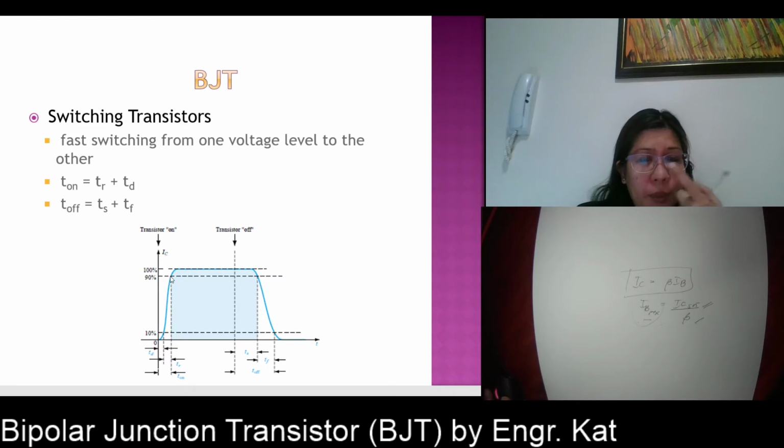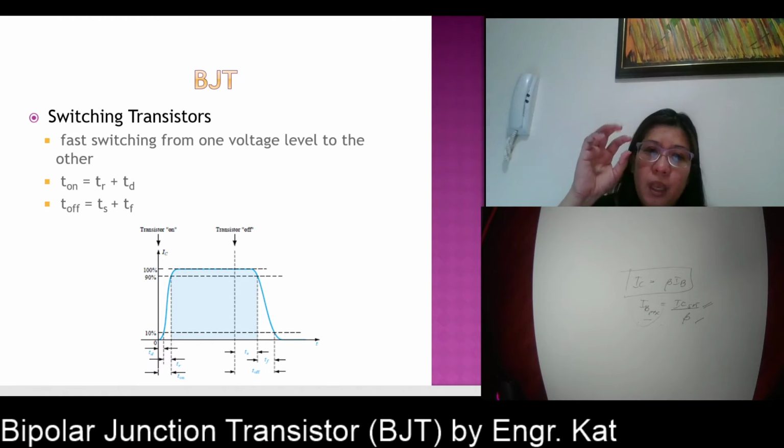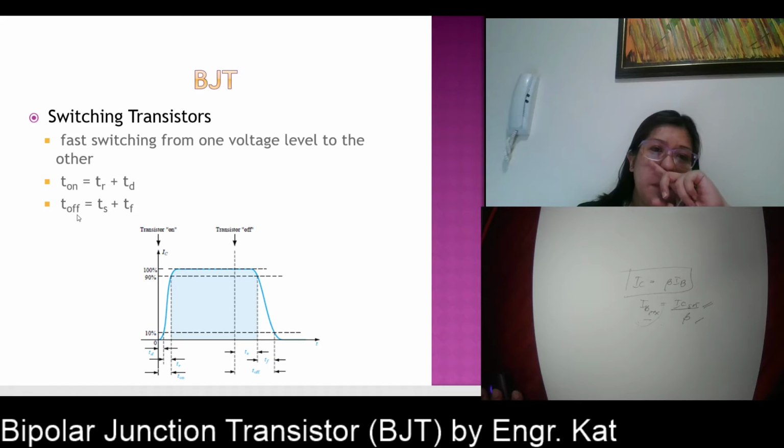TD is the delay time, because even if you place a supply or an input, it will not function right away. So you have a delay time. The delay time is from 0 to 10%. So turning on time is equivalent to TR, your rise time, plus TD, your delay time.